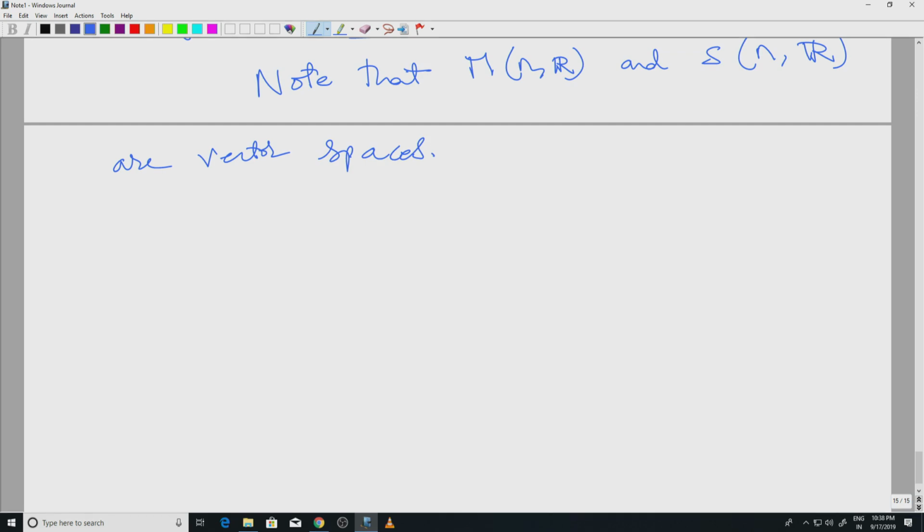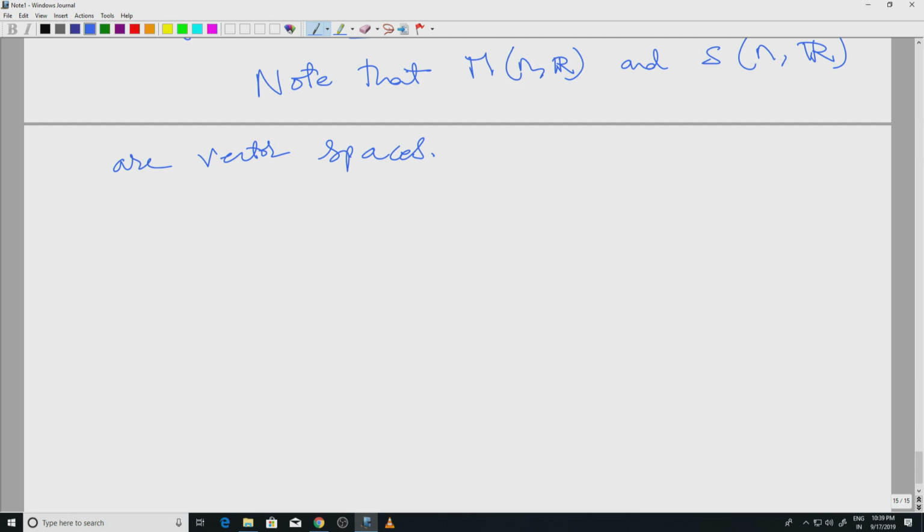And in fact, since we know that any two finite dimensional vector spaces are isomorphic as soon as they have the same dimension, we can easily see that these are isomorphic to some familiar Euclidean spaces.